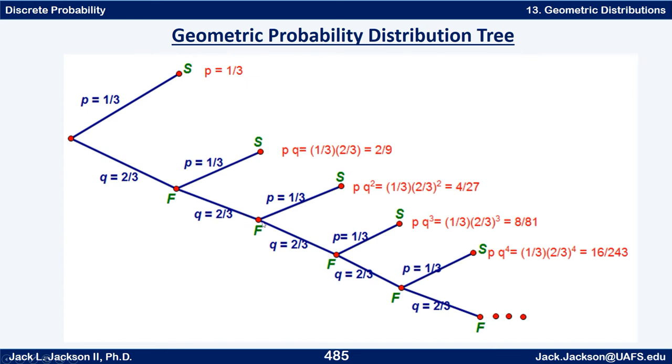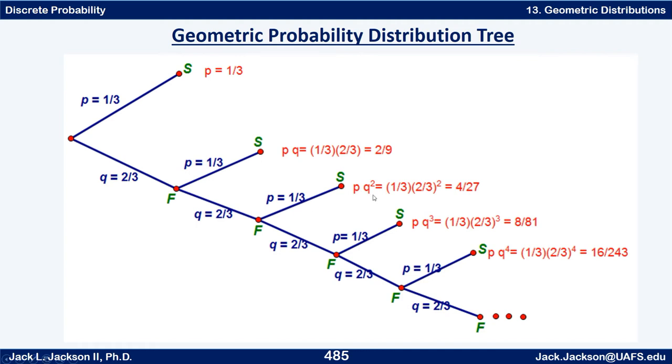However, if we get 2 failures in a row, we could get a third failure. If so, we go again. We could get a success or failure, and so on and so on. This goes on forever, but every time we get a branch stopping when we get a success. If you look at the way the tree's set up here, notice that every one of these probabilities has a p on the very last edge where we actually got our success, and the rest of the edges are failures, so they get a probability q.